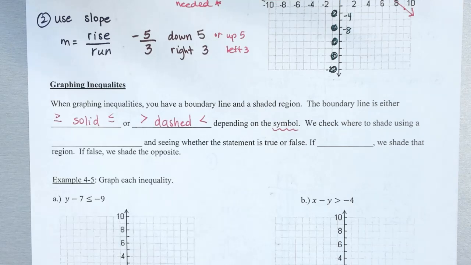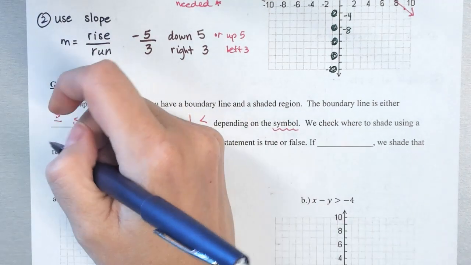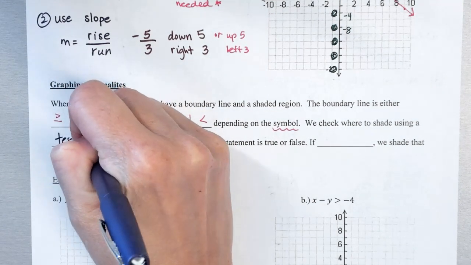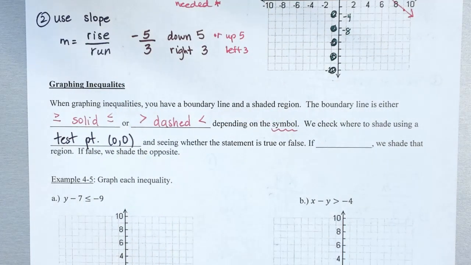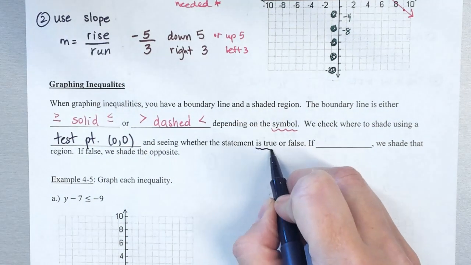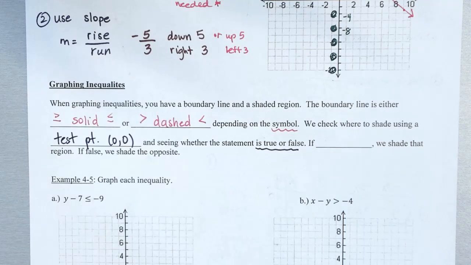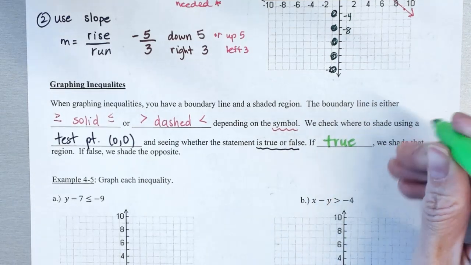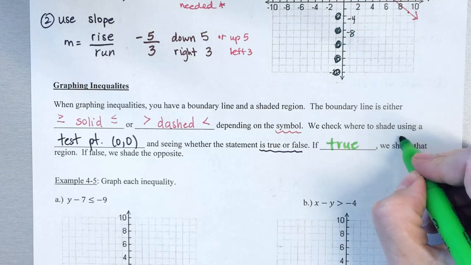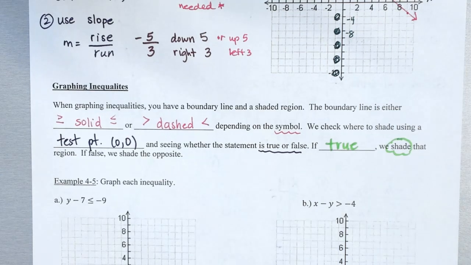You use what's called a test point, and often your test point would have been 0, 0. And then you see whether it's true or false. And then depending on that statement, that's going to tell you whether you shade above the line or below the line. Okay, so if your statement is true, then you are going to shade that region.